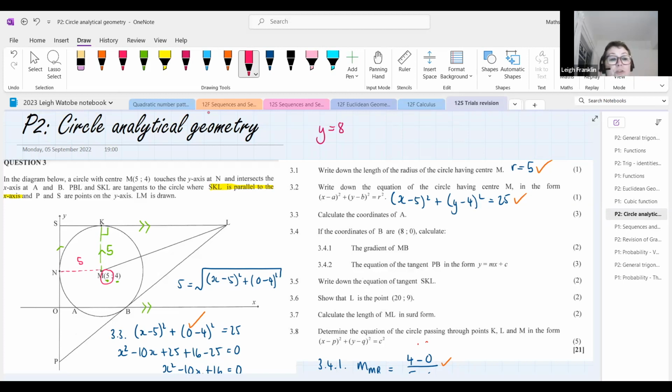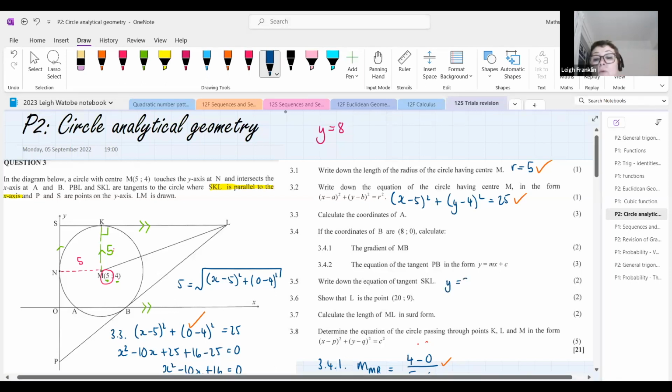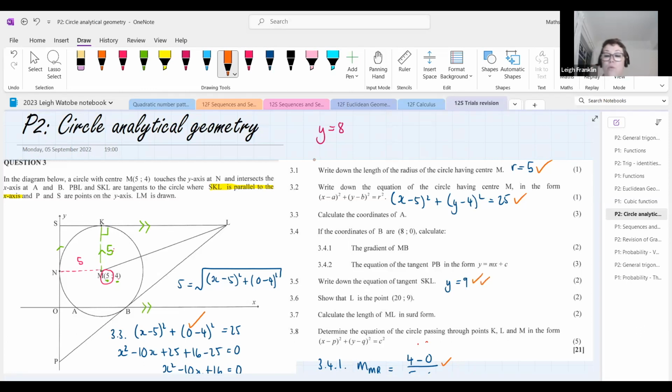So you were supposed to add the 5 onto the 4, not the 5 onto the 5. Okay, it's not a horizontal distance, it's a vertical distance. Right, so the equation of tangent SKL, it's actually the line y equals 9. Okay, noted. All right, cool. All right, I'm glad that I could help you guys with that.